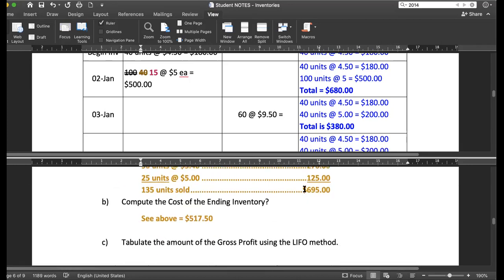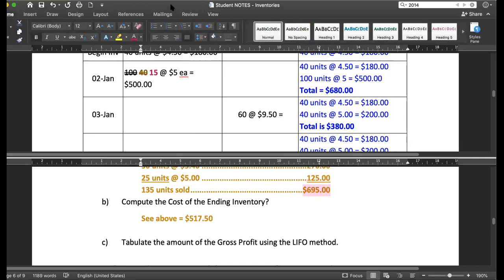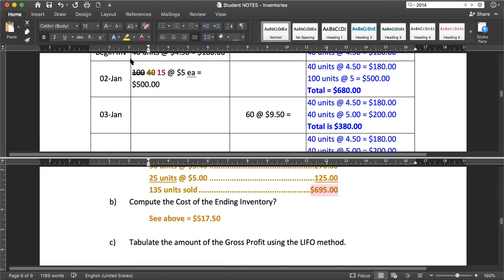All right, so the cost of goods sold during the month using LIFO Perpetual will be $695.